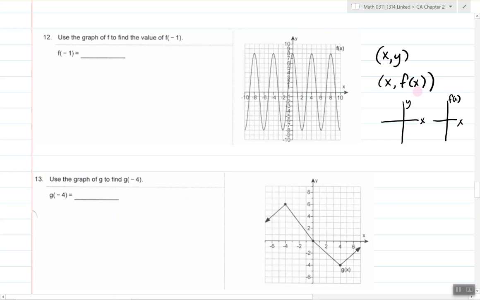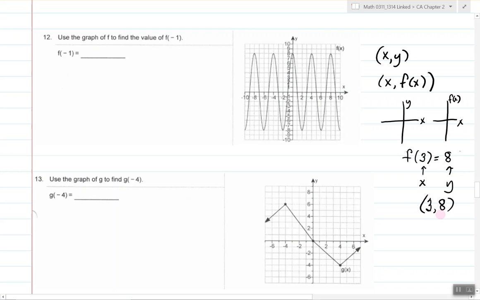So if I say f of 3 equals 8, then I am talking about x is 3, f of 3 is 8. This represents the point 3, 8.